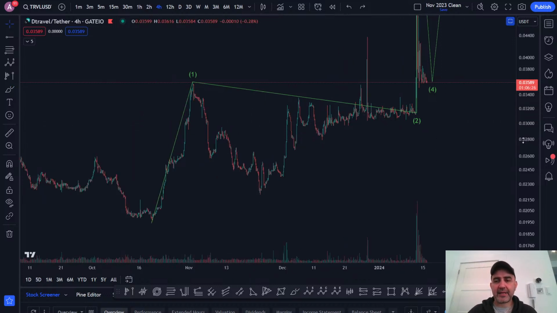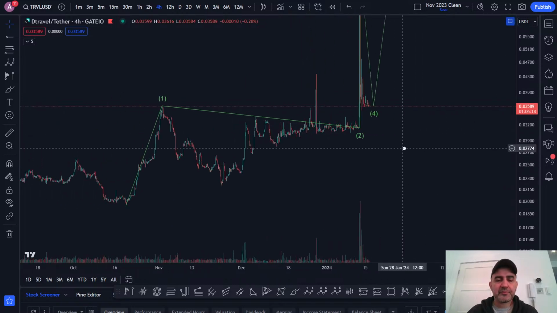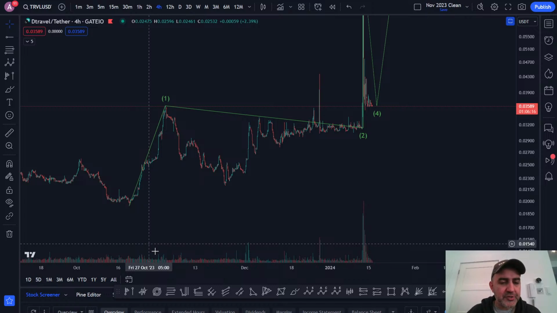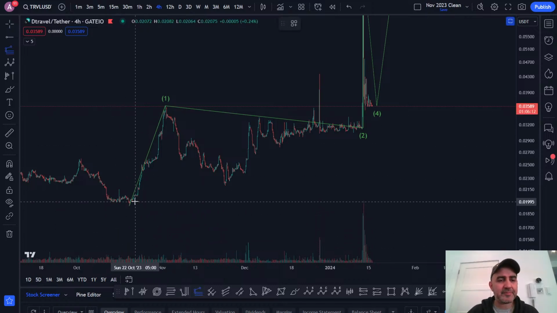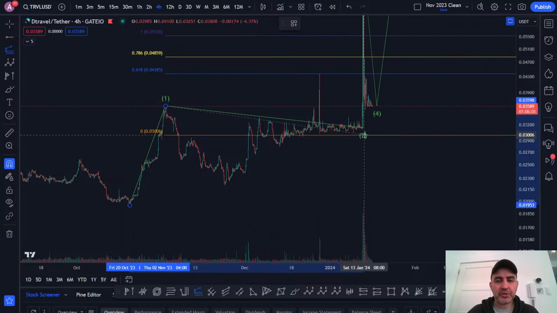And the reason why I think possibly that this could be the 2 is because, I'll explain. If you do a trend-based fib, the best way to do it, or the right way to do it, is from the 0 to the 1 to the 2.